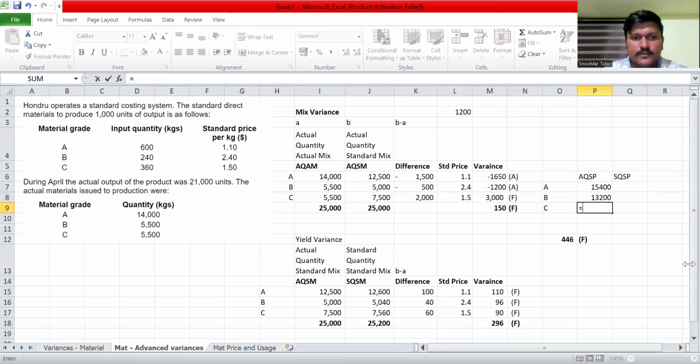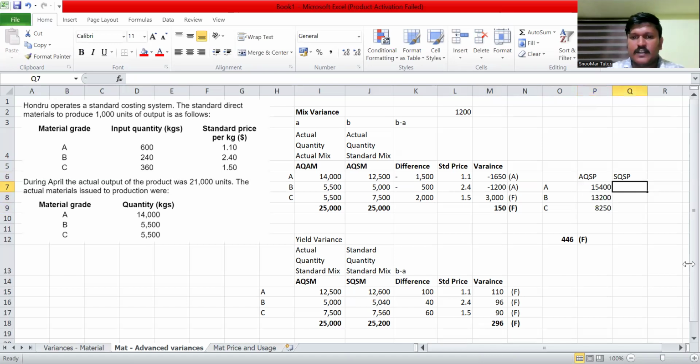Again 5,500 multiplied by how much? 1.5. So we have 8250 as the AQSP over here.